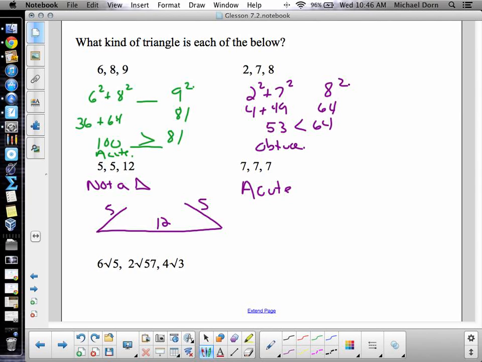I'm going to use my calculator, just estimating real quickly. 6 times the square root of 5 is about 13.4. 2 times the square root of 57 is about 15.1. And 4 times the square root of 3 is about 6.9. So it does make a triangle, and 2 root 57 is my longest side, isn't it?